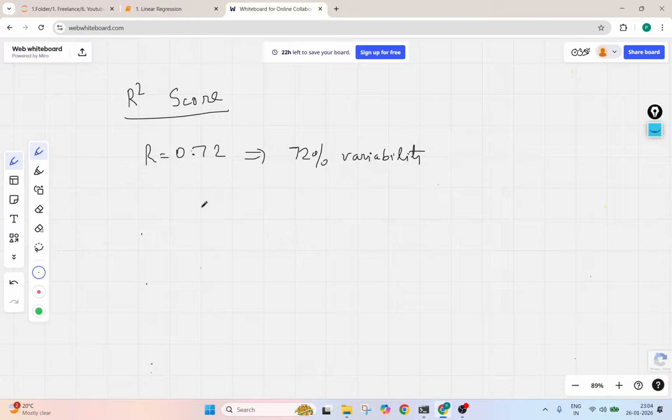The formula for R2 score is not very important for you to remember, other than from an interview perspective, because scikit-learn itself gives us the R2 score. But if you want to know it, it's 1 minus RSS by TSS. What is RSS? RSS means residual sum of squares.